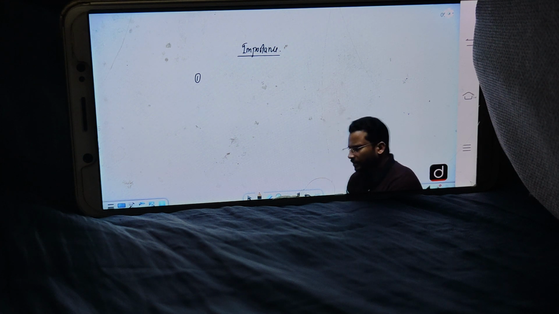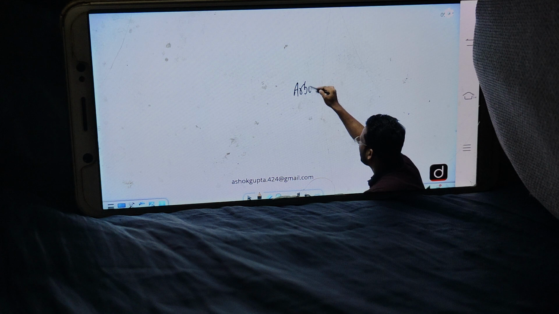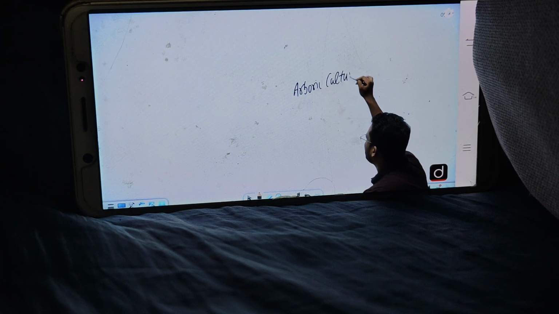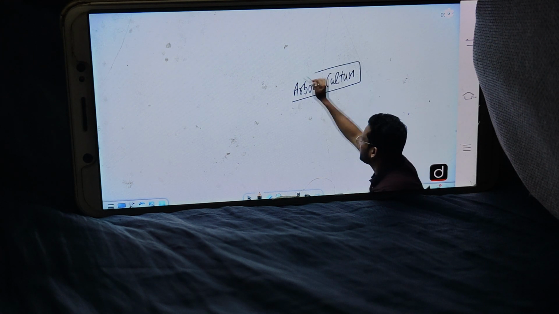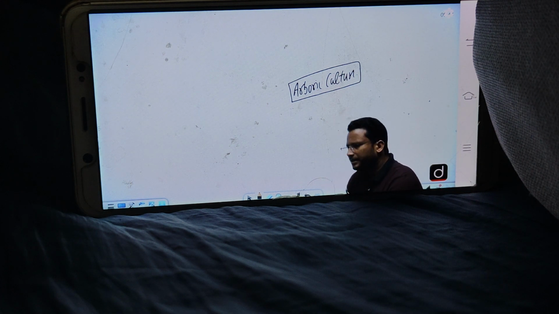Now the last one is arboriculture. So after horticulture, we are going to talk about arboriculture. The first question is, what is the meaning of arboriculture? You can note it down: it's the cultivation, management and study of trees, shrubs and other woody plants.